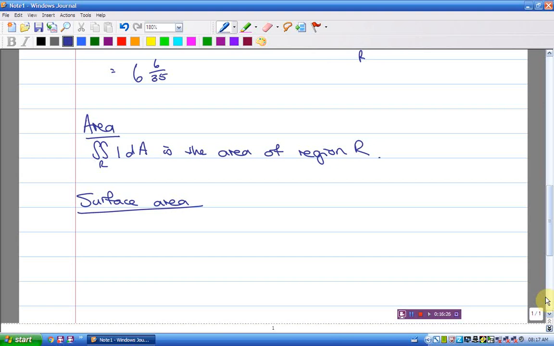Well, you can think of it as one if you want, and then of course your units go a little bit dodgy. But if you have a region that has an area of 10 square units, and then you have something that's 1 unit high all over it, and you want to work out what's the volume of this object, its volume will be the surface area times the height.